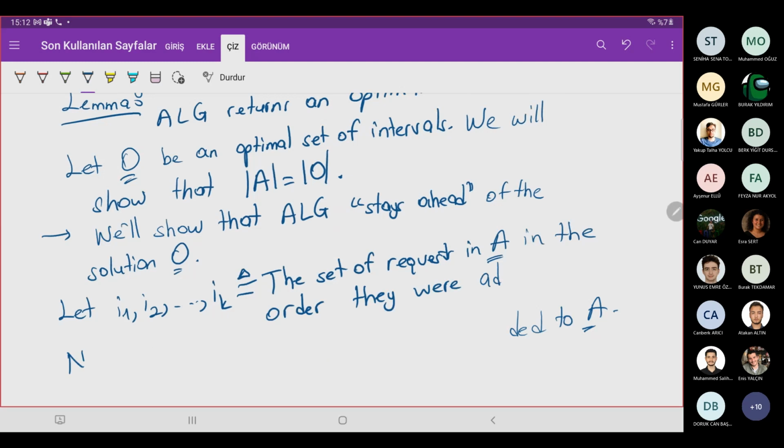Okay, note that here the size of A is K, meaning what the algorithm returns.